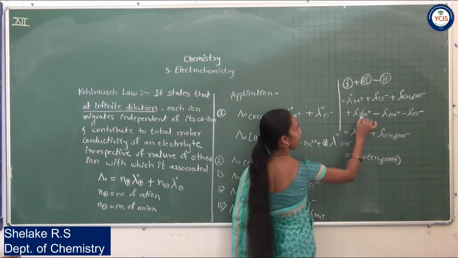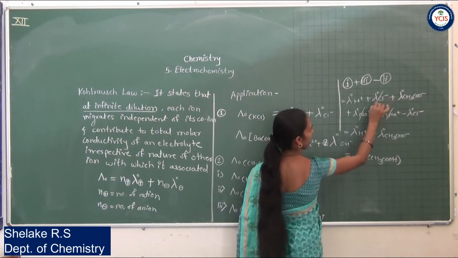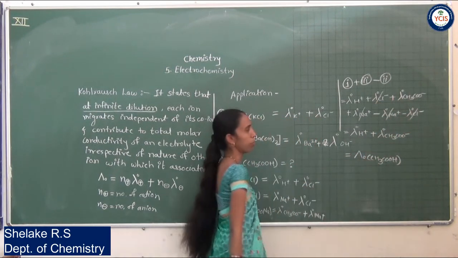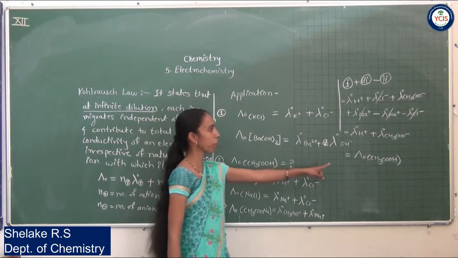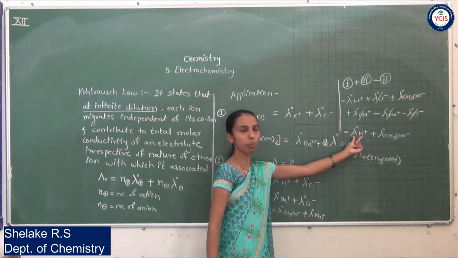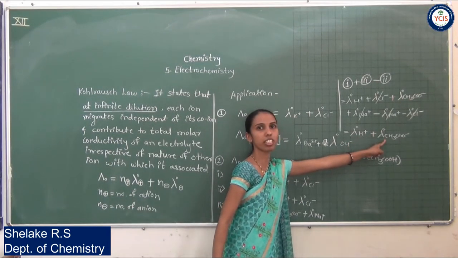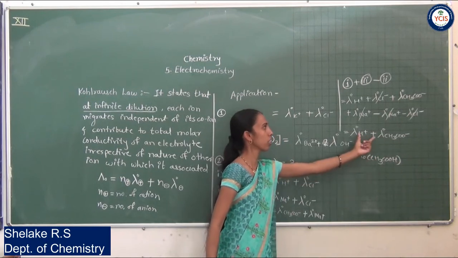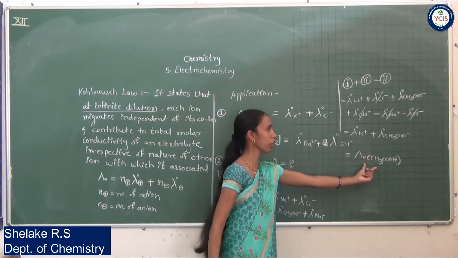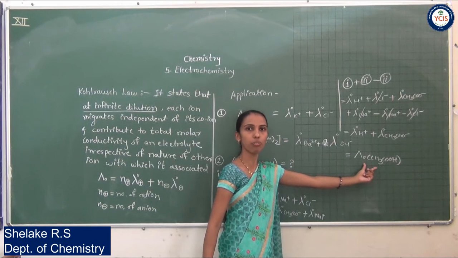Here the molar conductivity of H plus and of CH3COO minus remain, and the addition of these two is nothing but the total molar conductivity of acetic acid.